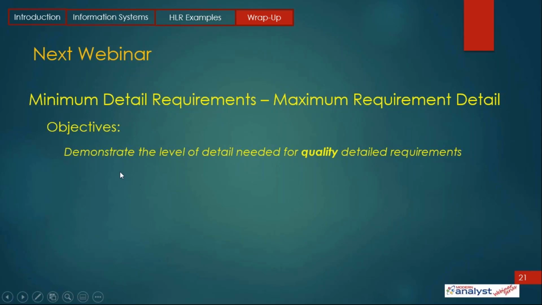So the two objectives for that webinar: one is to demonstrate the level of detail you need. With high level requirements, we said no detail. Next webinar, we'll say you need all of this detail. And what I'll demonstrate is how you can structure that detail rather than in hundreds of textual statements.